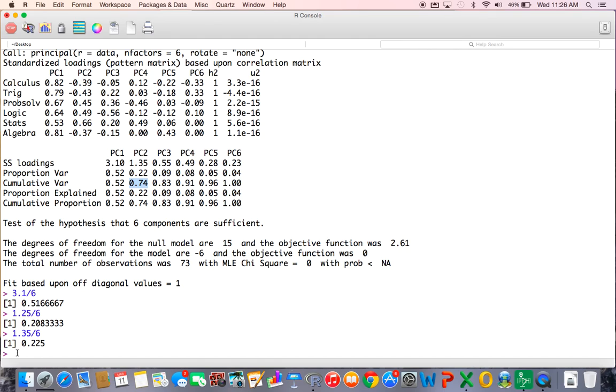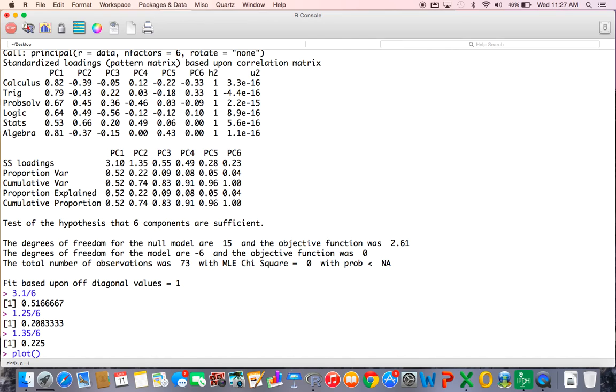Next thing I'd want to look at in helping me determine how many components I want to retain. And again, guys, as I said before, this is a reduction process. We're trying to reduce this thing down to the smallest number of components that we're still happy with the variance that it's explaining from the original observed variables. Now, another thing we can look at is we can examine a scree plot.